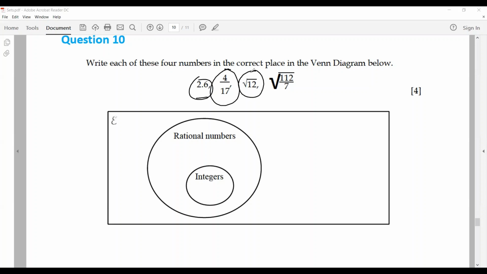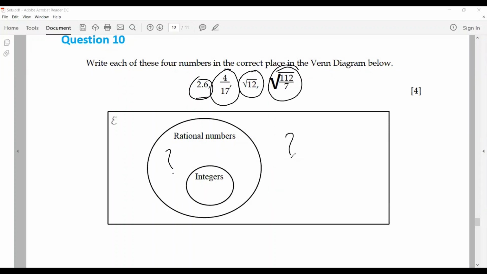This gives us a decimal as well if you key it in your calculator, and this one, same thing. Now we have to look at which one is rational and which one is irrational. If it's rational, we put them inside the circle which belongs to rational, and the irrational ones we put outside.